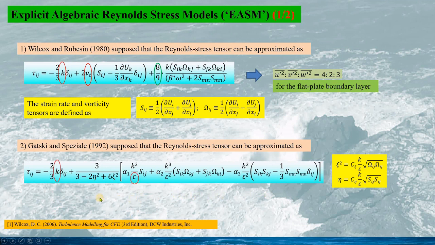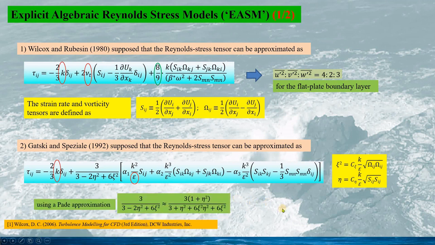And again, we can see that for calculating the Reynolds stress tensor, the parameters k and epsilon must be available. And in this expression, to ensure the fraction is free of singularity, an approximation called theta approximation can be used as this.